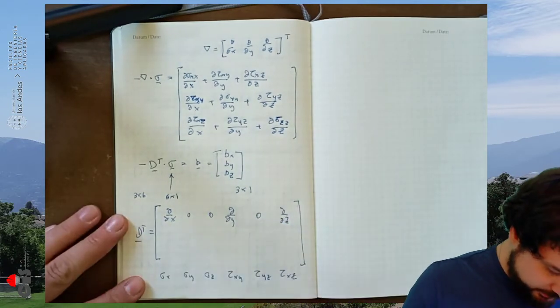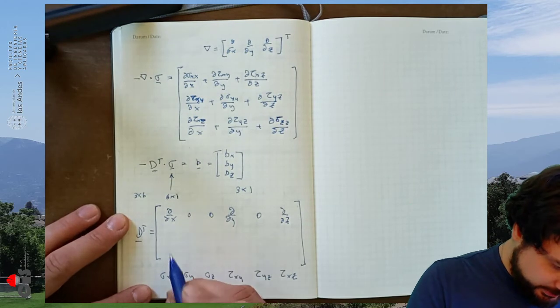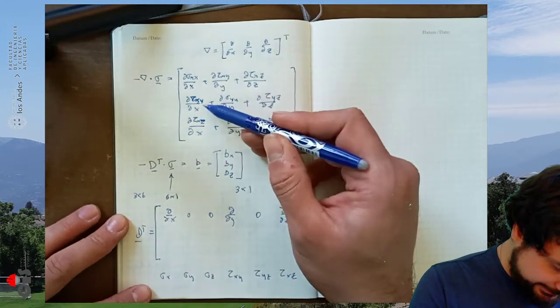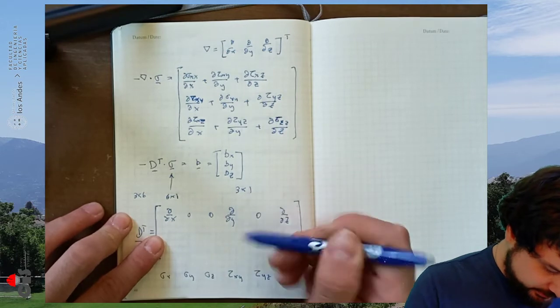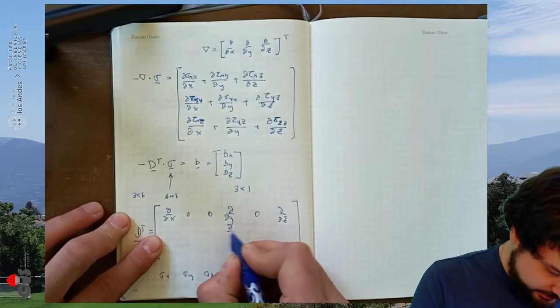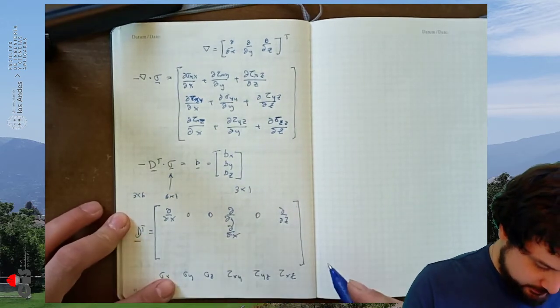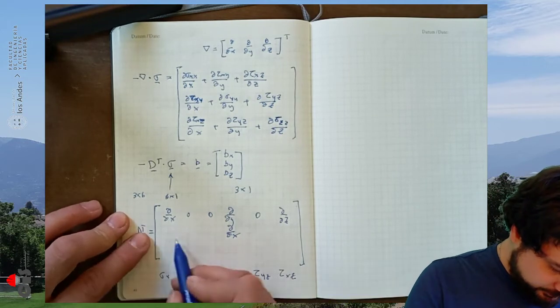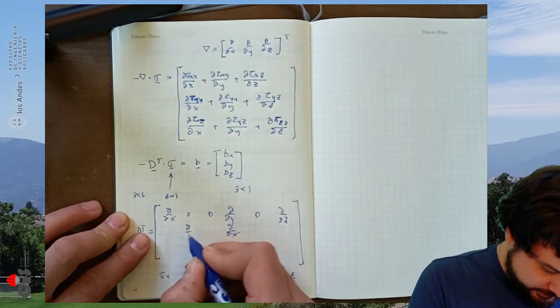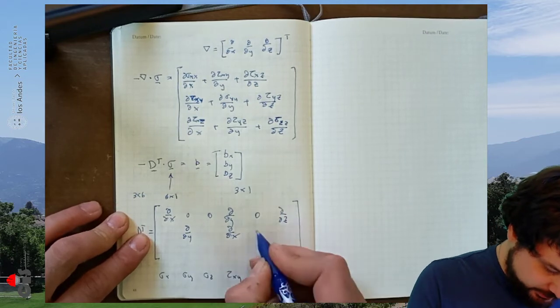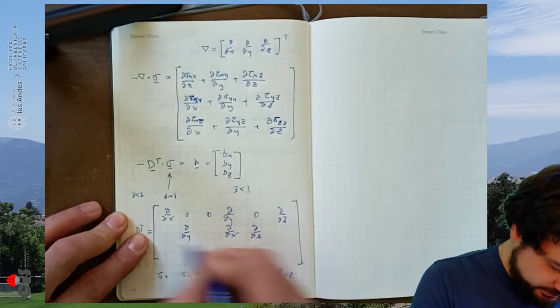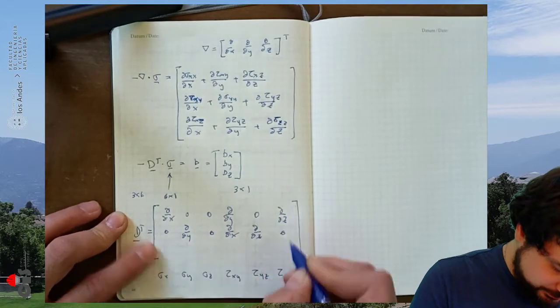Now for the second row I need tau xy, so I'm going to have d dx, d dy, and d dz over here, filling the rest up with zeros.